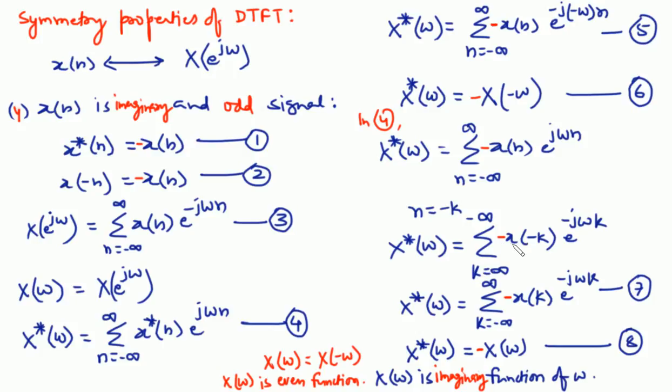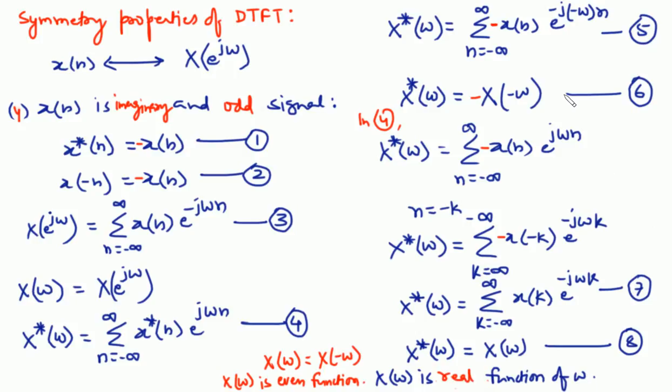Minus x of minus k is x[k]. So if I compare expression 7 and 3, then the right hand side will be X omega. So complex conjugate of X omega is X omega. It means X omega is a real function of omega.